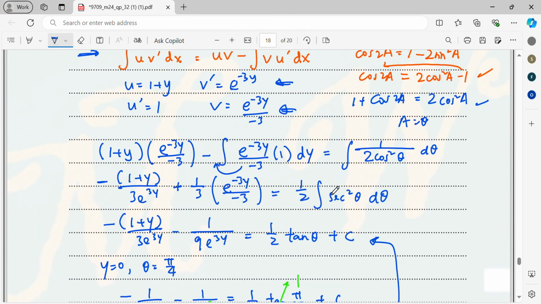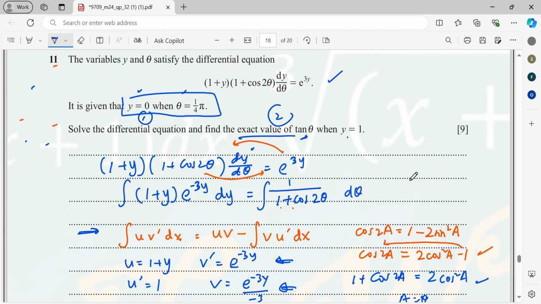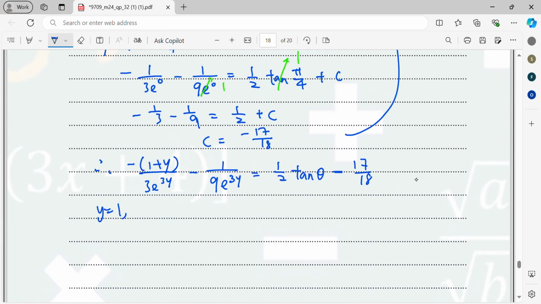Now according to the question, you need to find tangent theta. Okay, so I will get the tangent theta as the subject. So it means that this negative 17 over 18 will be moved to the other side. So I will get half tangent theta equals to negative, replace the y by 1, so get 2 over 3e cubed, then minus 1 over 9e cubed, minus, or the minus changes to plus 17 over 18.